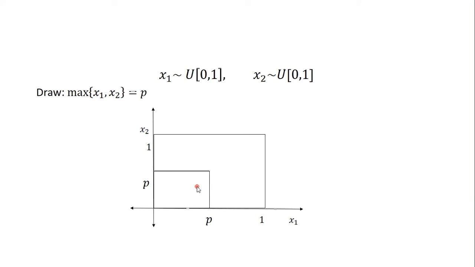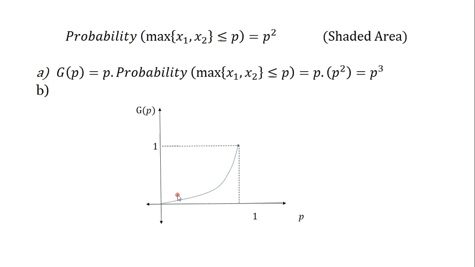The area tells you the probability. So the probability is nothing but p into p, that is p squared. So we can see that the probability of max of x1, x2 less than or equal to p is equal to p squared, which is the shaded area.